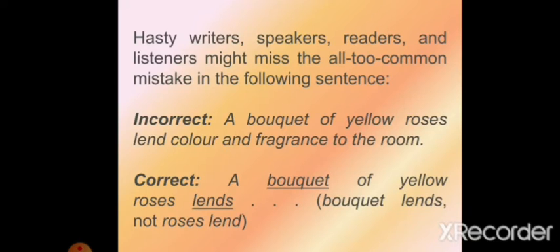Although roses, this is a collective noun. See, a bouquet. When there is of written here, a bouquet of yellow roses, sometimes because of the of you are mistaken. But identify the subject. The subject is a bouquet, and yellow roses is just the adjective there. So we are just finding out that the bouquet lends color and fragrance to the room. That's why the verb lends will be in the singular number.